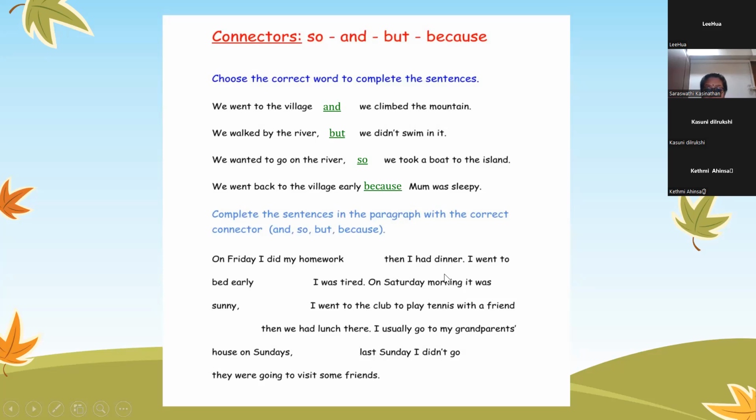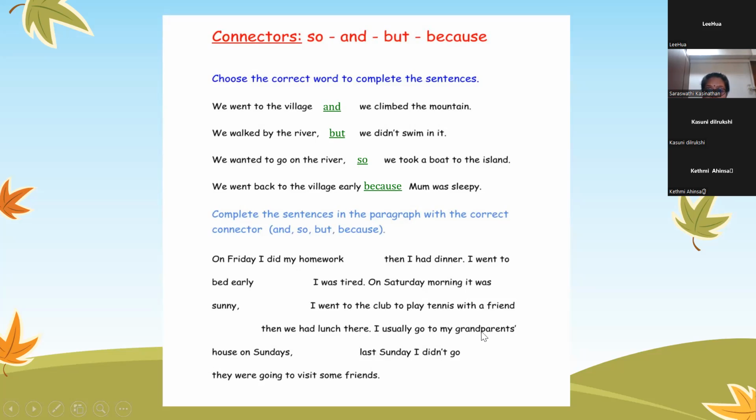All right. I'm going to read the first time, and then the next time you read and you give me the answer. On Friday, I did my homework, dash, then I had dinner. I went to bed early, dash, I was tired. On Saturday morning, it was sunny, dash, I went to the club to play tennis with a friend, dash, then we had lunch there.